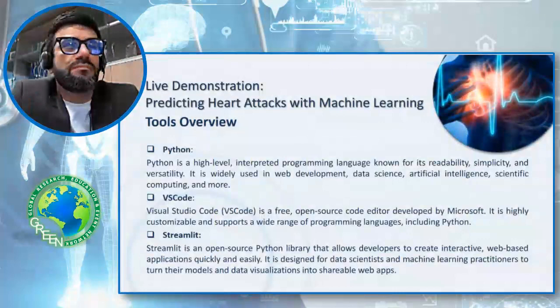Whenever you are willing to predict issues like heart attacks using machine learning, you have to use some tools, very practical and popular ones. For example, Python. Python is a high-level interpreted programming language known for its readability, simplicity, and versatility. It is widely used in web development, data science, artificial intelligence, scientific computing, and more.